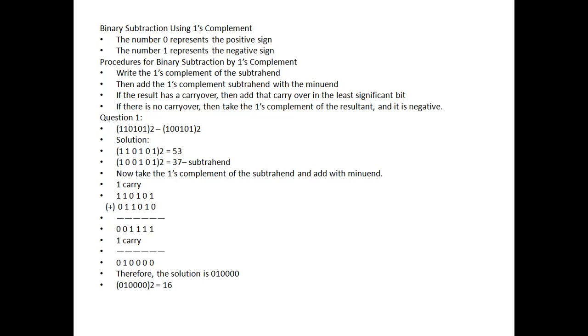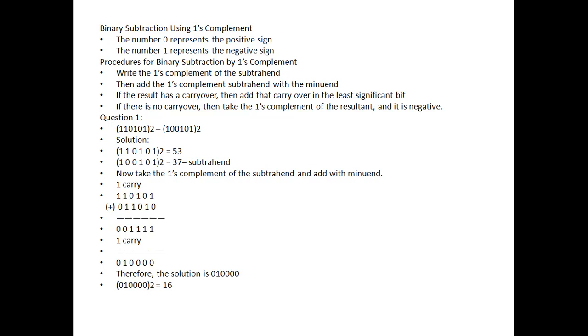Once again, I repeat to you. First, write the one's complement of the subtrahend. So for A minus B, we take B's value. B is the subtrahend value. The subtrahend value is converted into its one's complement, and then added to the minuend. There are two results.